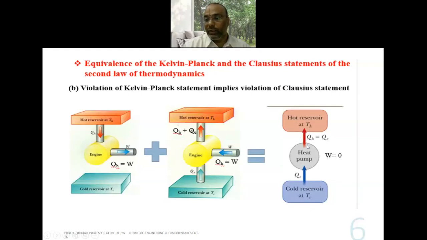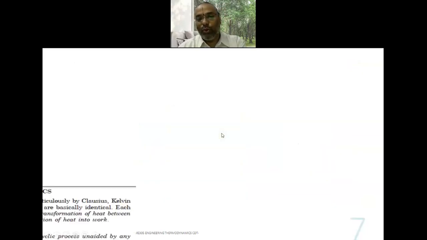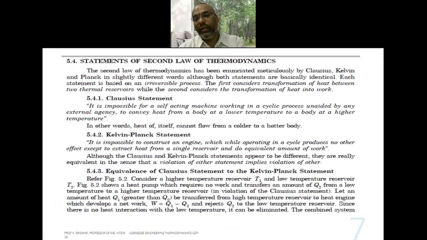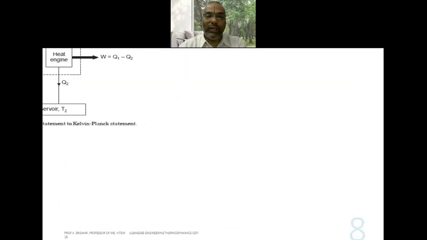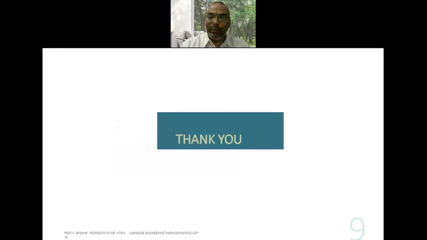So it is violating the Clausius statement. Now you can see the violation of the Kelvin-Planck statement is leading to violation of the Clausius statement. Though the statements are different, one violation leads to the other. That's why we can say that both statements are equivalent with each other.